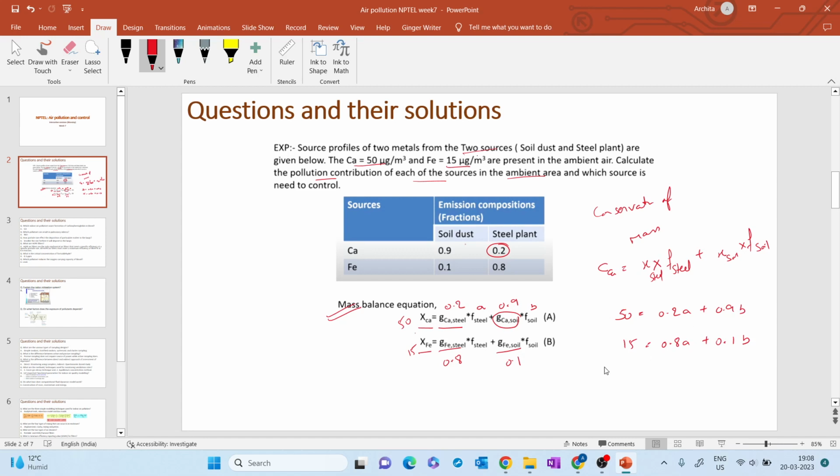Now if you solve the first equation, let's find the value of A. So for equation 1, A is equal to (50 minus 0.9B) divided by 0.2, right? Now since the fraction of steel that could be harmful or the fraction in soil that could be harmful, these are constant. A and B are constant. So what we'll do is put this A in equation number 2. Okay, and when you do that, you can find the value of A and B.